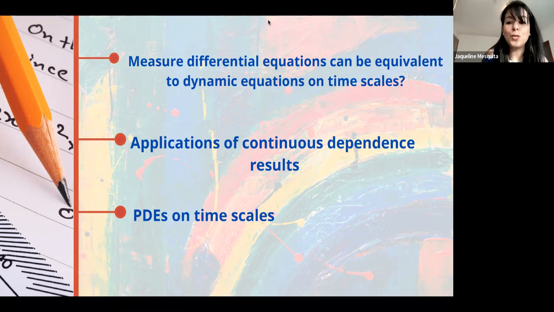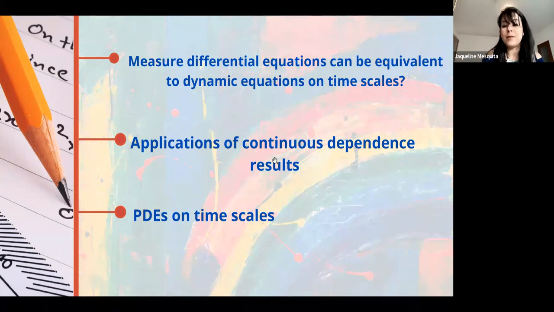So in this way, we can have many types of results in that direction for continuous dependence. As I mentioned, some applications for averaging principles, and also for investigating such types of attractors. So many different types of results that we can have from this continuous dependence.